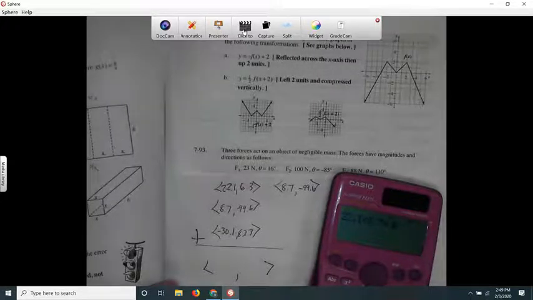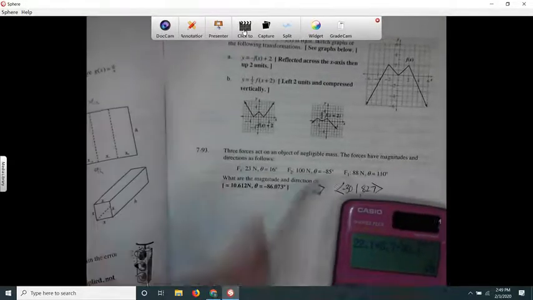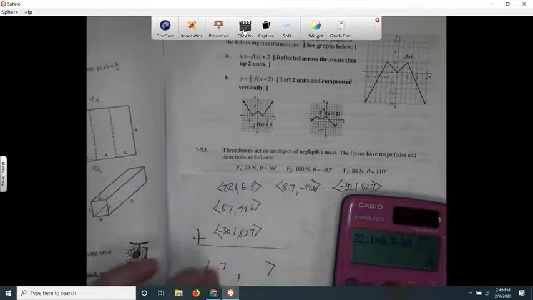I don't know how to delete stuff. I'm going to start over. Sorry. It would be faster than me learning how to do it right now. 1 plus 8.7 minus 30.1. 0.7. Now, this isn't even the answer yet.